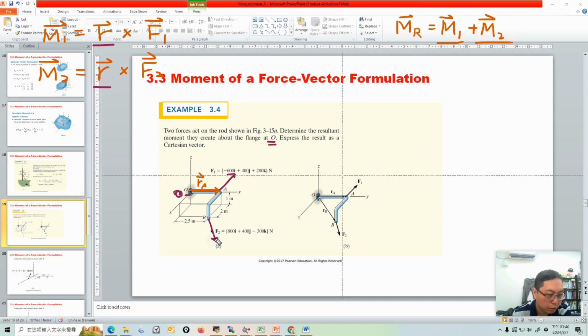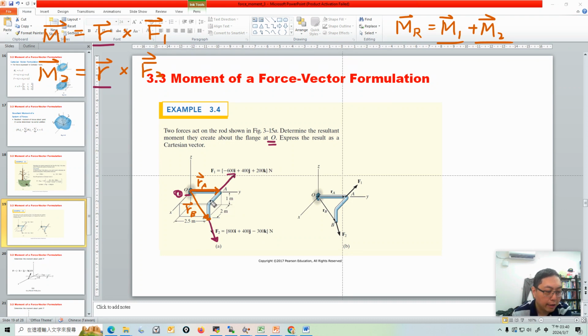We want to calculate the moment caused by the force with respect to the origin O. Because the force is acting here, the natural choice of position vector is to the point B. Let's call it RB. For this system, we calculate the moment with respect to the point O, and the natural choice of RA vector and RB vector are these two.